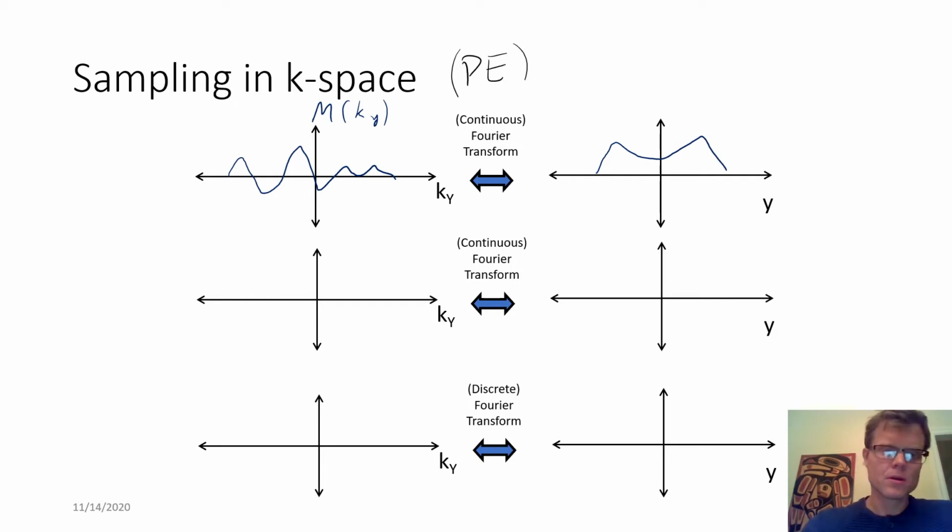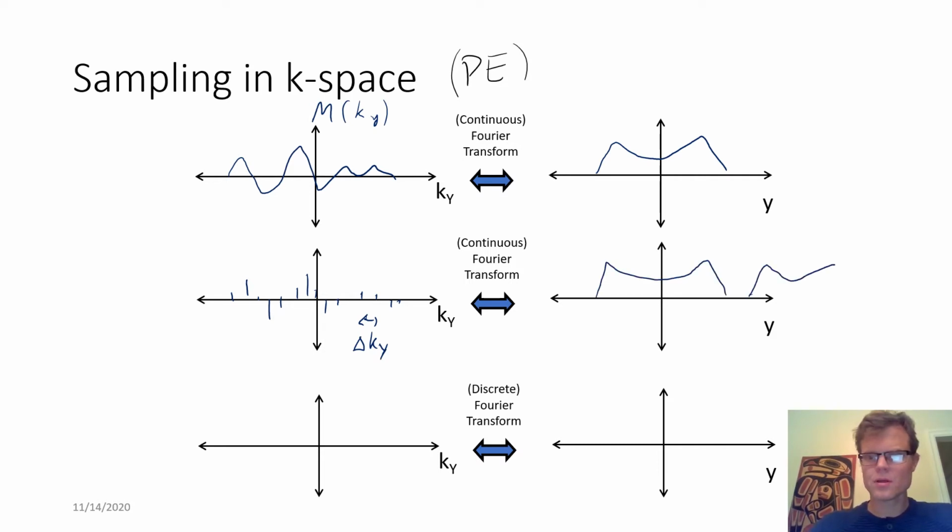And we're going to sample that Fourier transform data with some sample spacing, now this time delta ky, which would lead to, this is our picture of aliasing, the repetitions of that object at this interval delta ky.